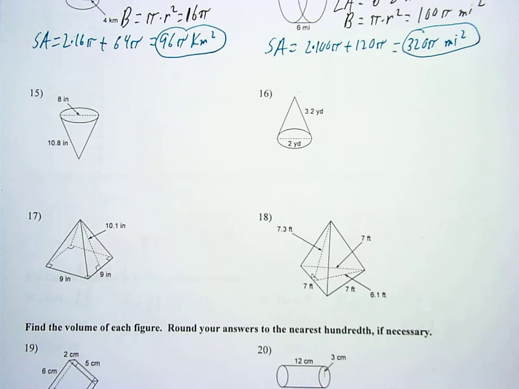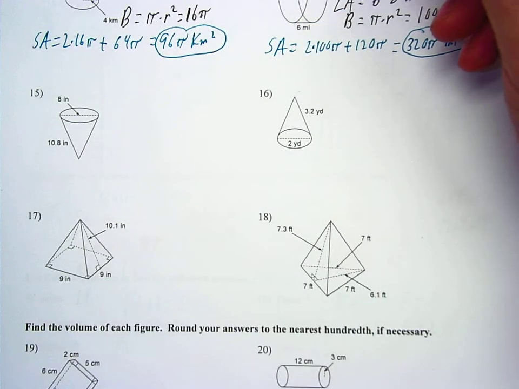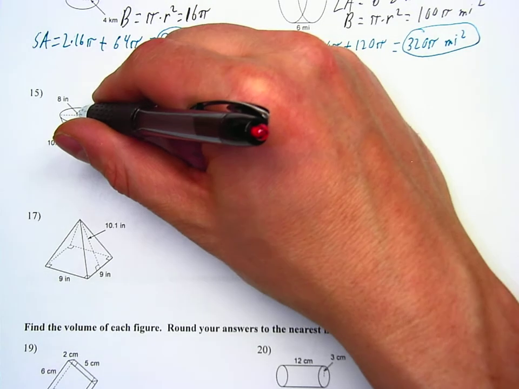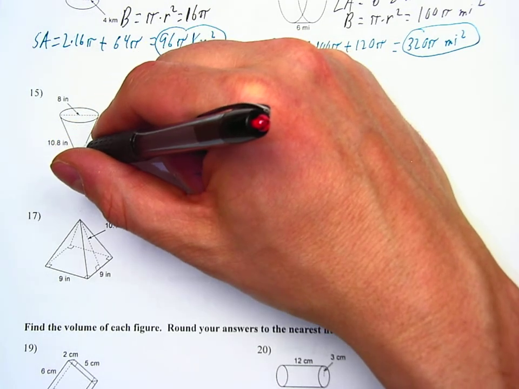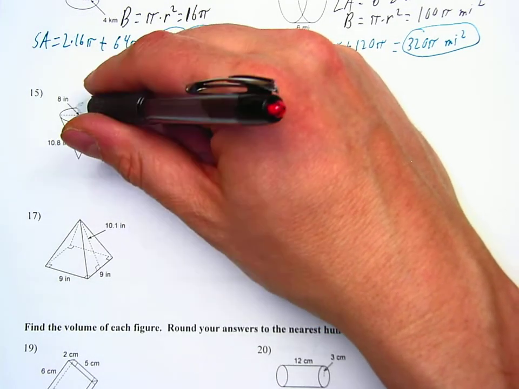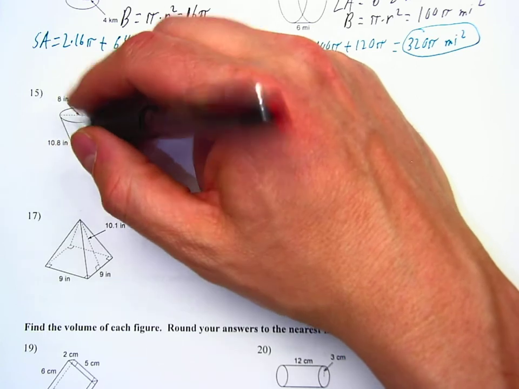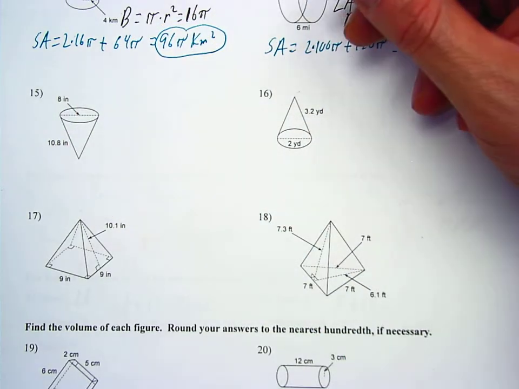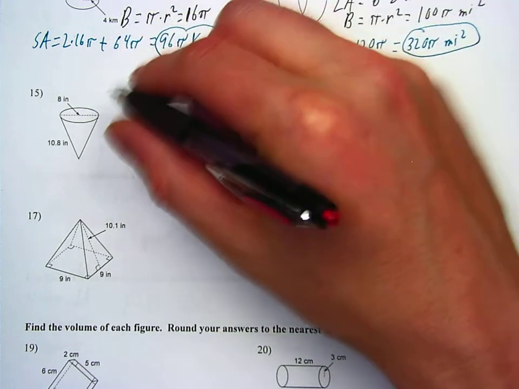So on this first cone, it has the same items. We do need to find the heights of the cones based on the given lengths. So I may label these heights for you. Actually, no, we don't need the heights. We need the slant heights. We're using the slant heights here with these cones since we're doing surface area. Sorry, guys.